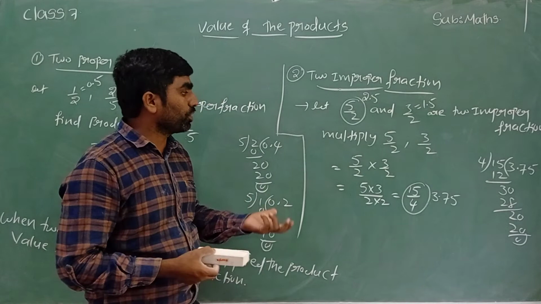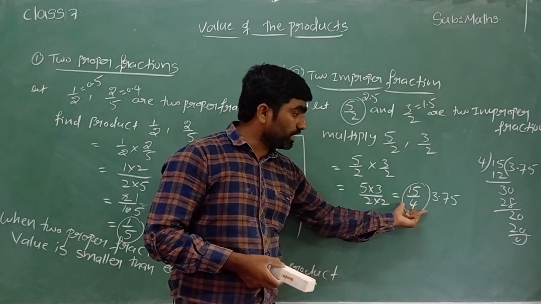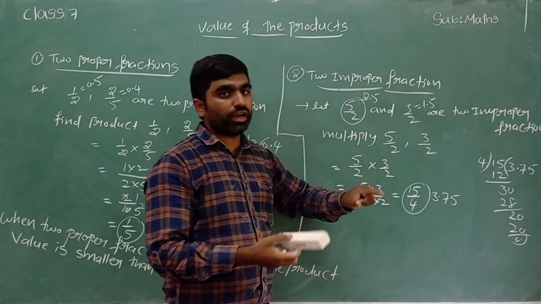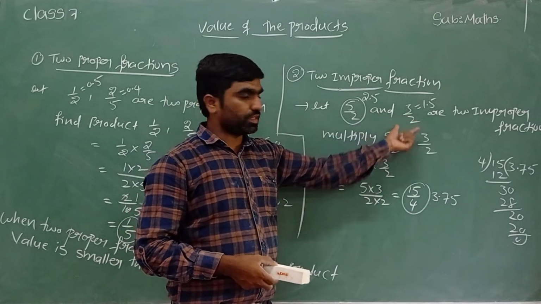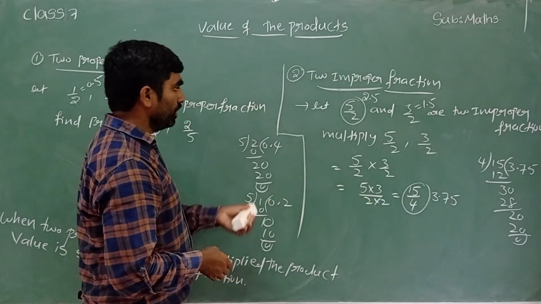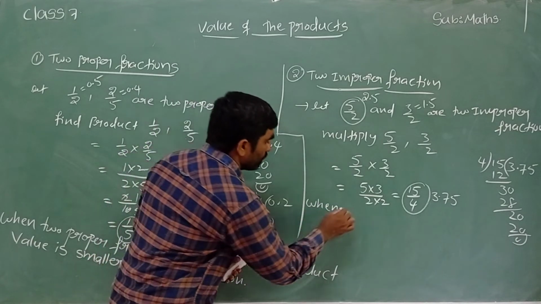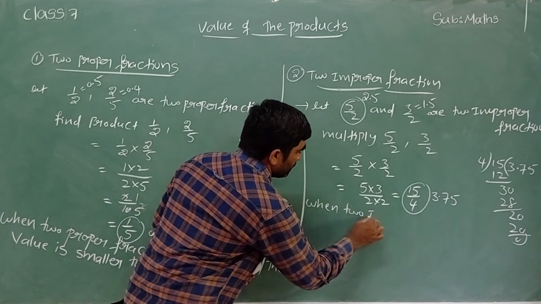Now what can we conclude? When we multiply two improper fractions, the result is more than each fraction. What conclusion can we make now?